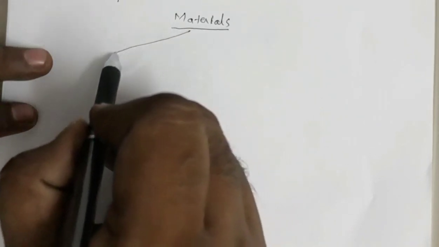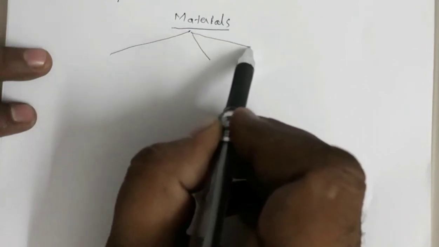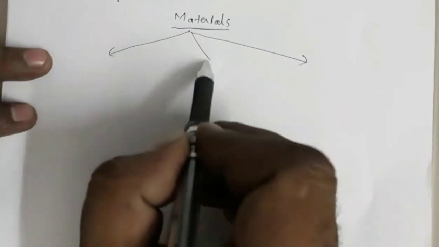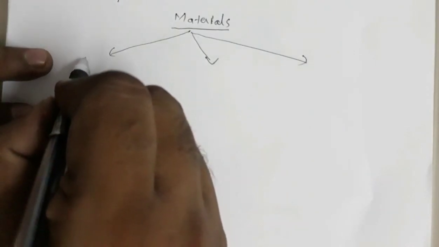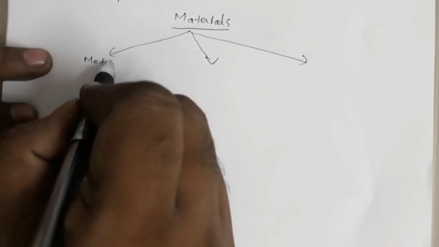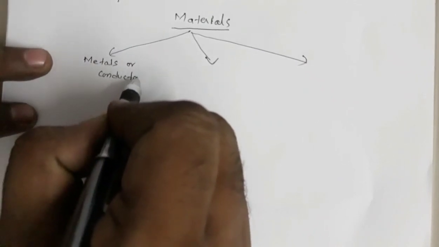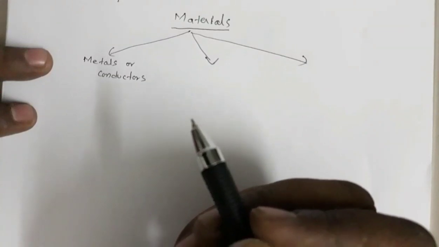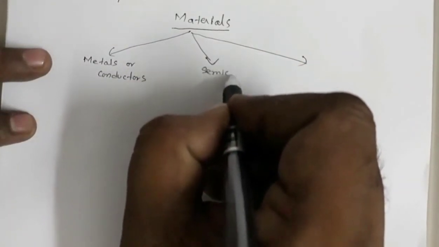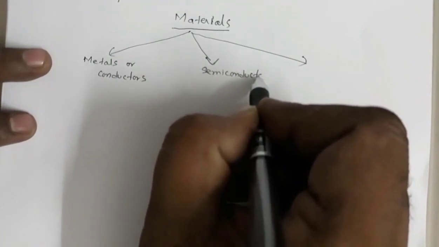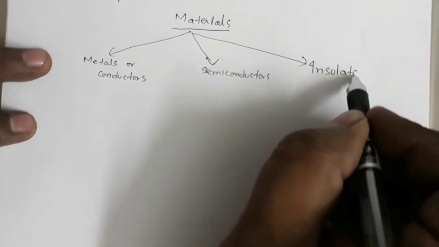Materials are classified in three categories: metals or the conductors, semiconductors, and insulators.